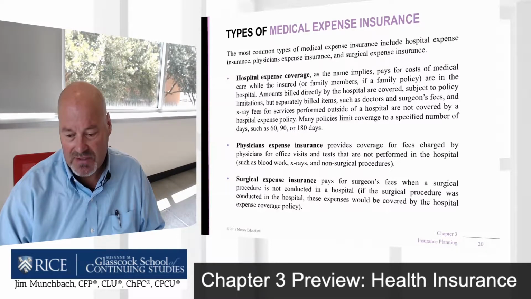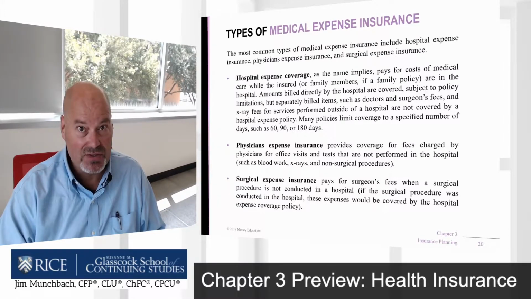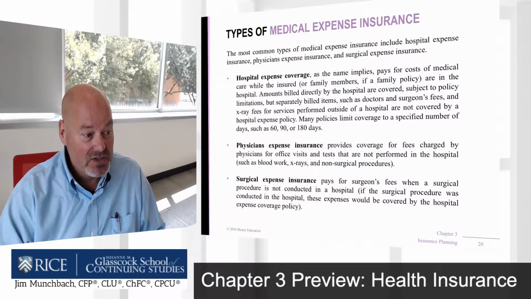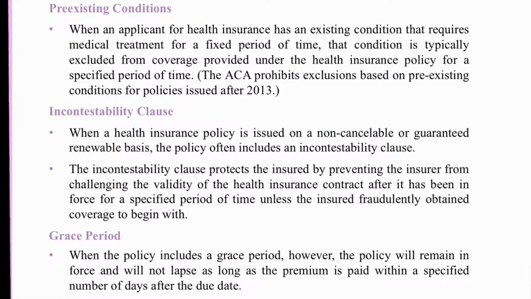I think that policy is still available through State Farm, but that would be a medical expense insurance. It's not a comprehensive plan. So that's a type of insurance you're going to want to be familiar with. Here's some basic policy provisions, and we'll talk about those as well.